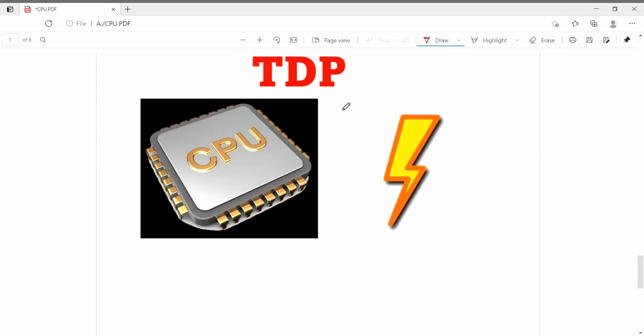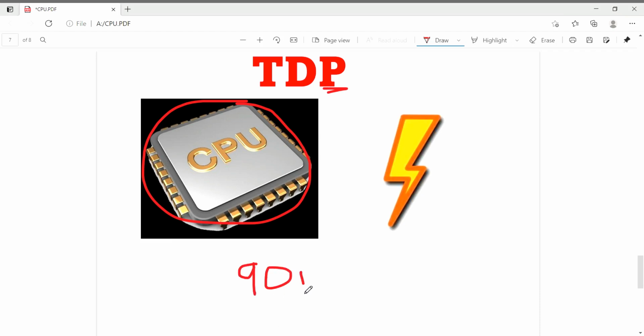And TDP is nothing but the thermal design power. Your processor needs some power to do some work. Everyone needs some power. We eat food, that food generates some energy in our body and we work, we exist, we survive. Even a processor needs that power that you give to it, and it works. In the market there are 90 watt processors and 150 watt processors.